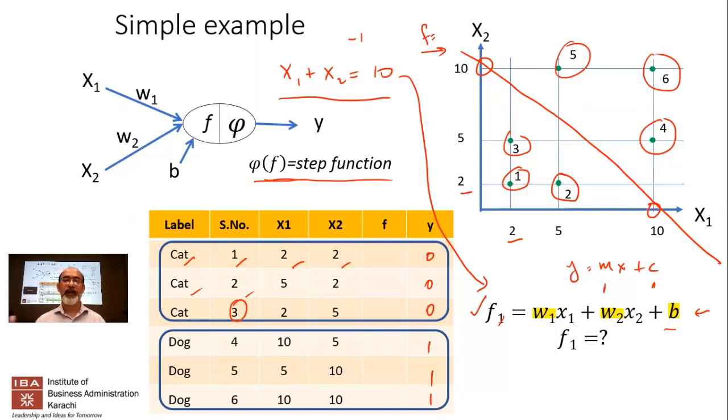Okay. So now I'm trying to make you think, what should be the value of this line if it's the line which is differentiating between these two categories?